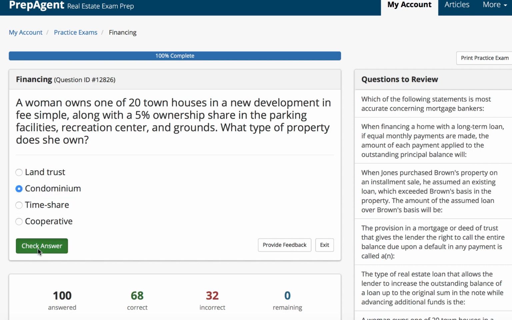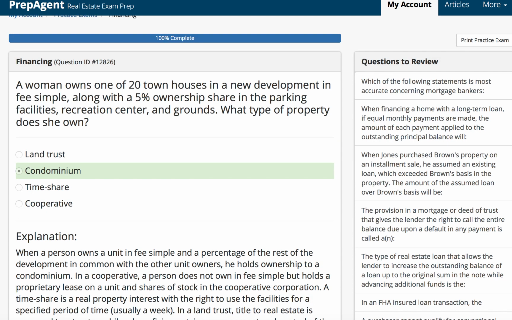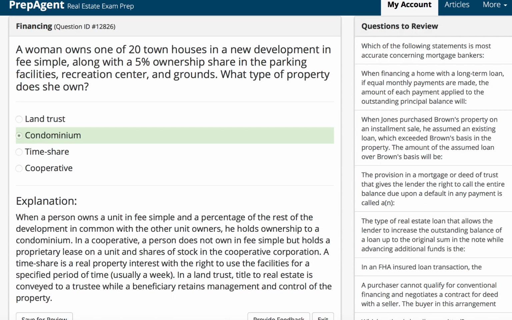But last time I did this question, I chose cooperative. Is that the only difference? Like a cooperative would have interest, correct? Well, here, let me phrase it to you like this. This is the simplest way I can explain a condo versus a co-op.